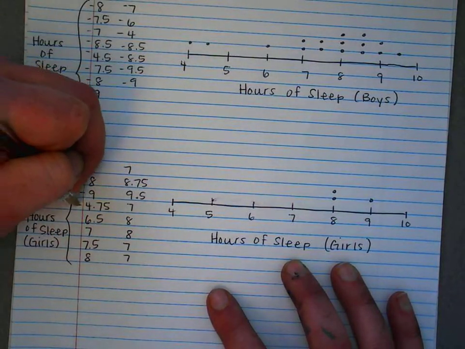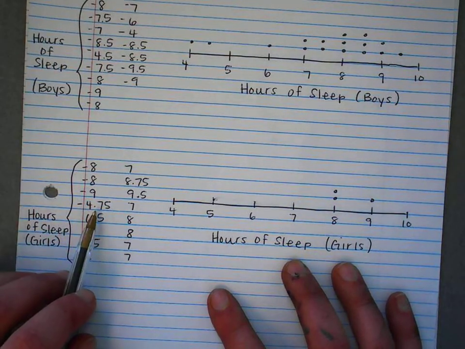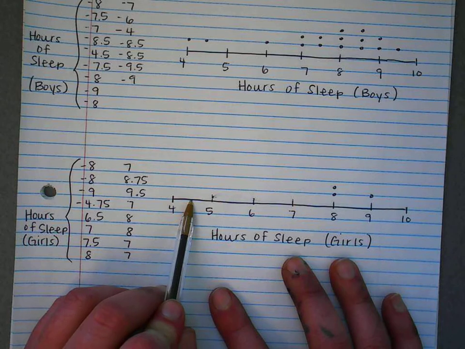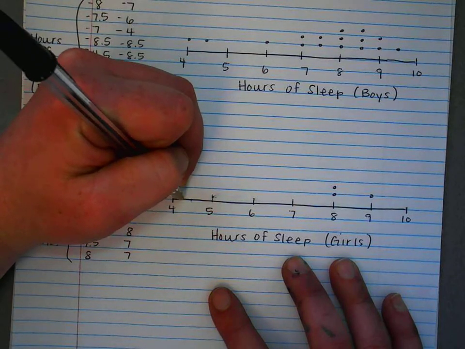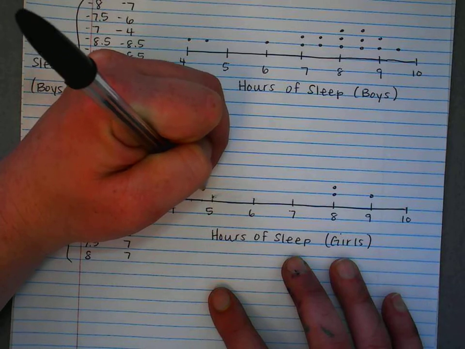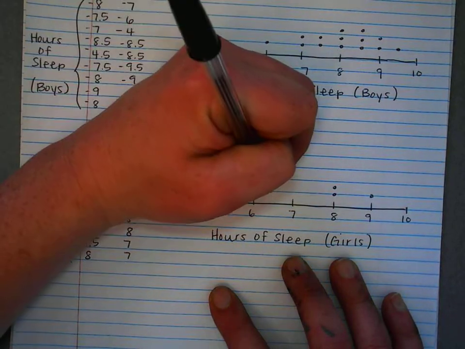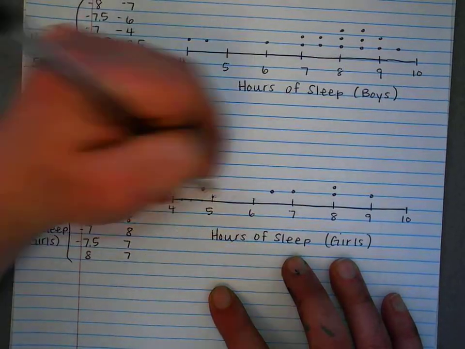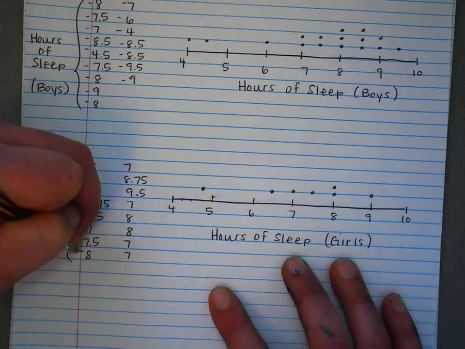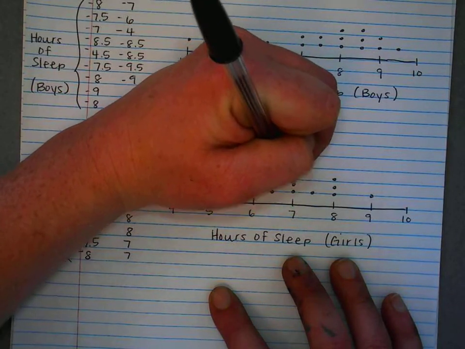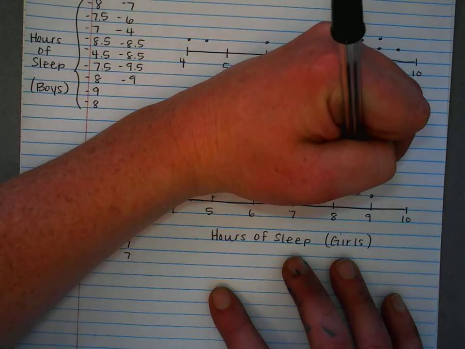4.75. Now, some people want to know how to graph 4.75. If you look, 4.5 would be about here, and so if you cut it into quarters, 4.75 would be around right there. 6.5, 7, 7.5, 8, 7, 8.75.